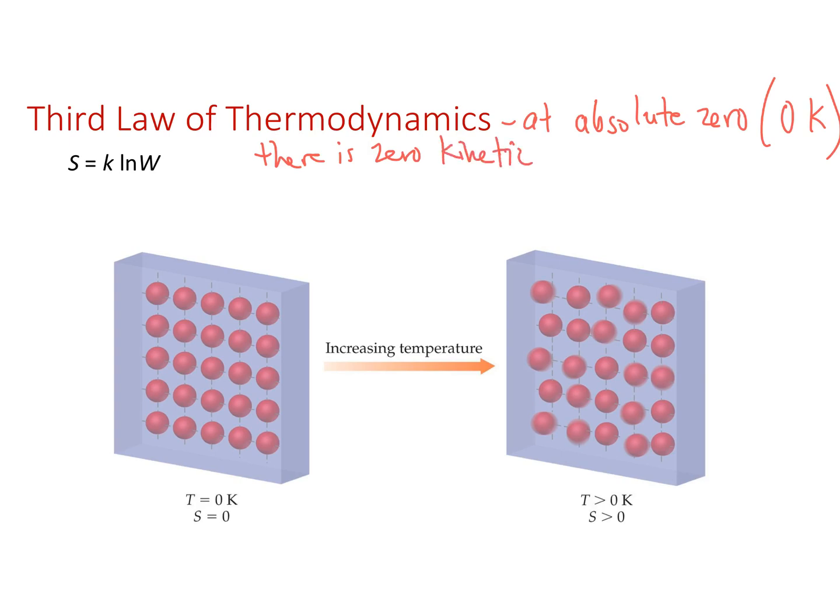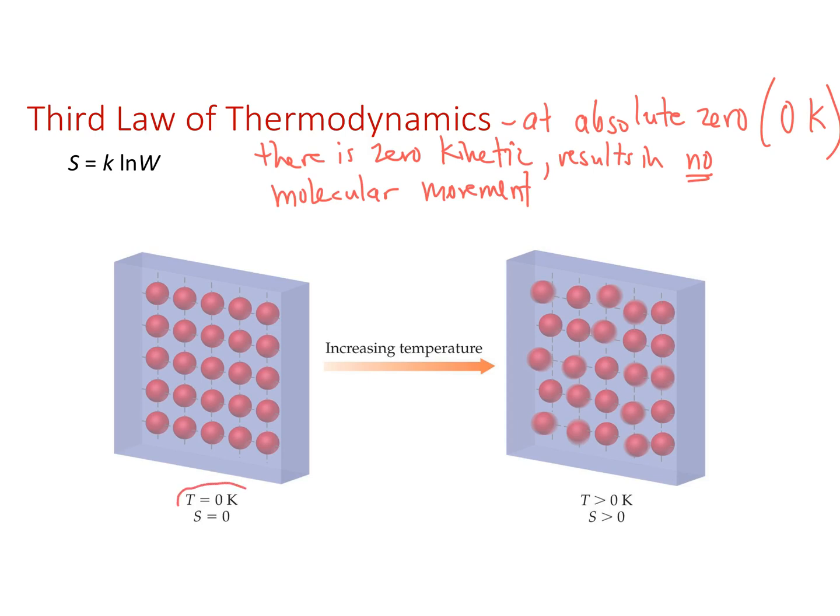Remember our definition of temperature is the average kinetic energy of the sample. So if we are at absolute zero, there is 0 kinetic energy in that sample. So that results in no molecular movement. So let's see what that says for my microstates.